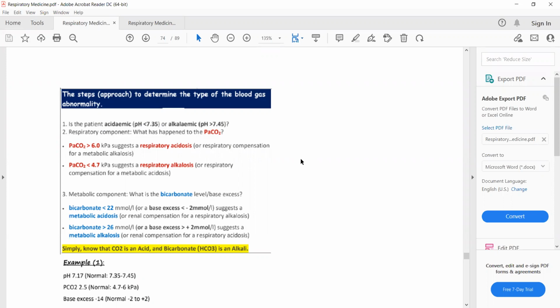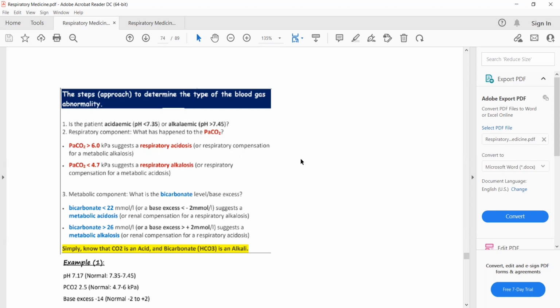Now we'll repeat the three-step approach to determine the acid-base abnormality. First step is to determine the pH. Second step is to look at the respiratory component. If partial pressure of carbon dioxide is increased, then it is either respiratory acidosis or a compensation for metabolic alkalosis.